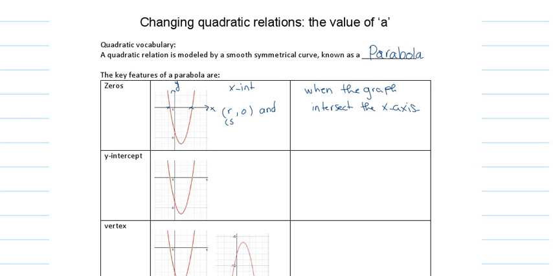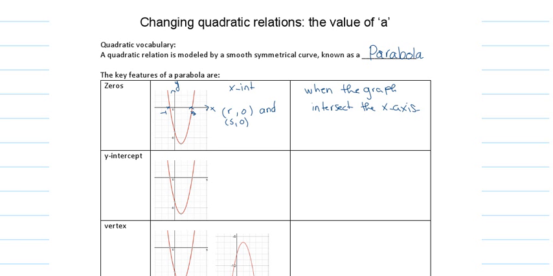Later on, I'll tell you why we're using these letters, R and S. Let's say in this case it's -1, and this one looks like 3, right? So we write it as -1, 0 and 3, 0. This is how we represent the x-intercepts.